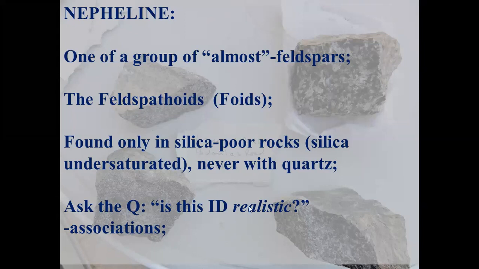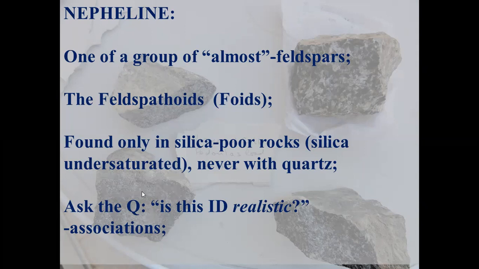Now, because it occurs in silica poor rocks, you will never find, well, now that's a dangerous word, isn't it? You're 99.99% sure that you'll never see quartz with your Nephilim. Because if you had quartz there as well, you wouldn't have Nephilim because you'd have made a feldspar out of it. Only under some very, very rare, tiny proportion where you get some late stage quartz crystallizing as the melt is finally cooling, without chance for the quartz to react with the rest of the melt.